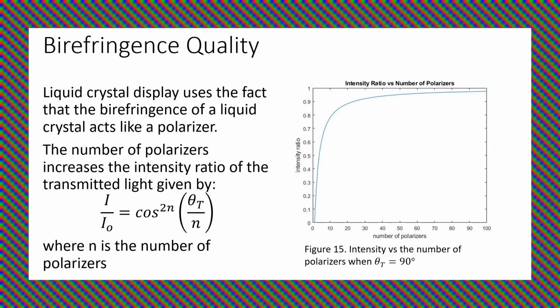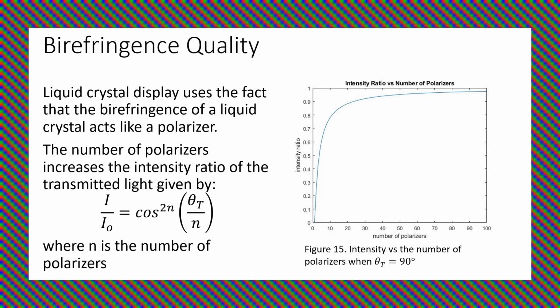Because we rotate it 90 degrees, we can get a sense of how much light is passing through. We can see here that the intensity ratio of the transmitted light is given by I over I0 equals cosine squared of the total angle divided by n, all to the power n, where n is the number of polarizers. Liquid crystals are a continuum.